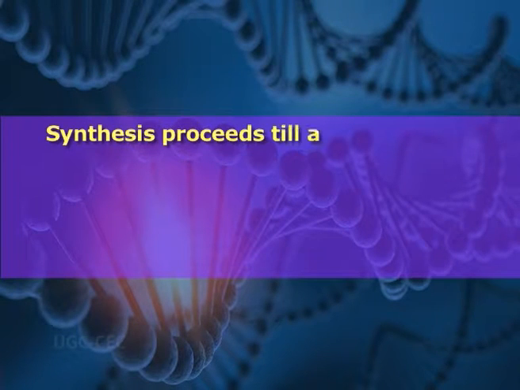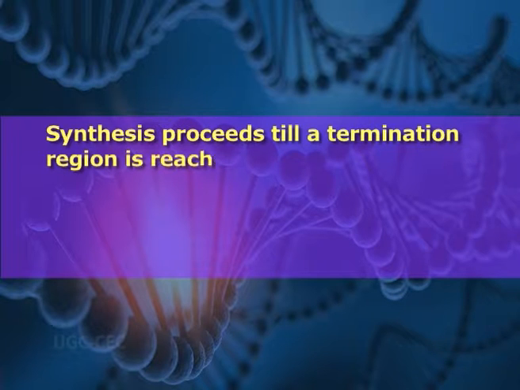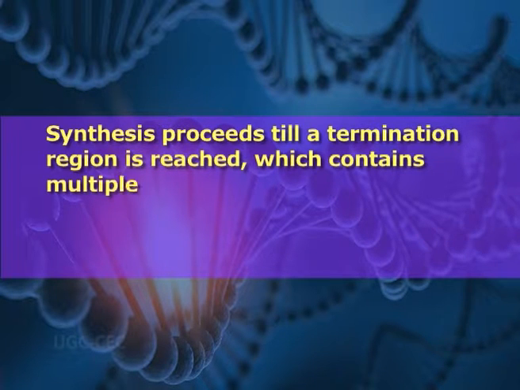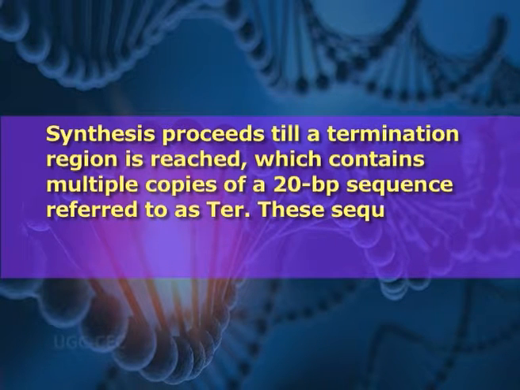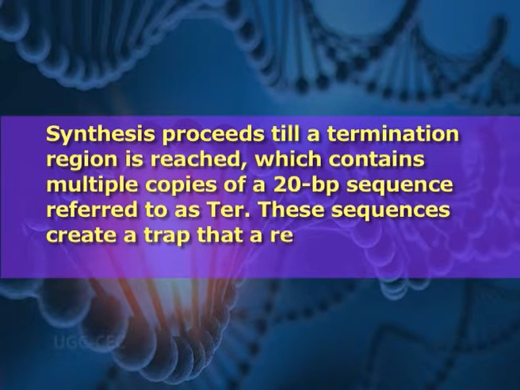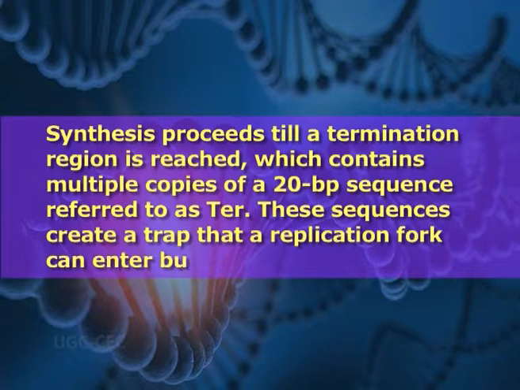Synthesis proceeds till a termination region is reached, which contains multiple copies of a 20 base pair sequence referred to as TER. These sequences create a trap that a replication fork can enter but not leave.